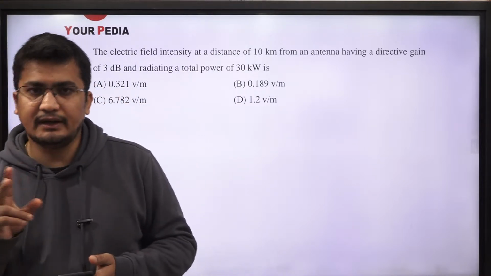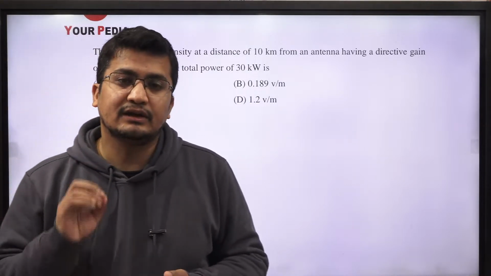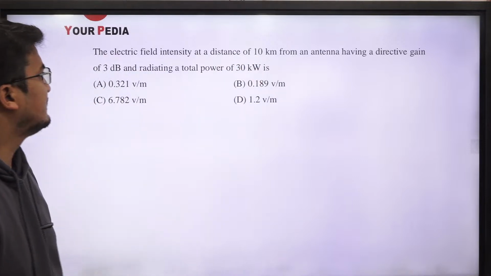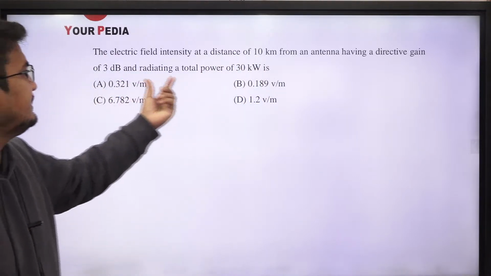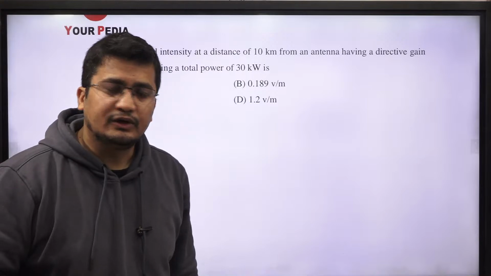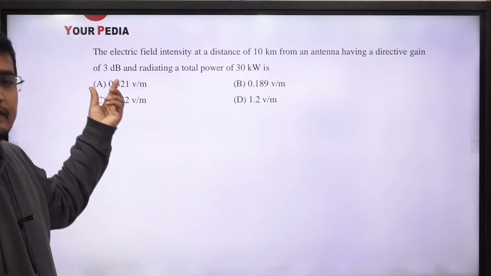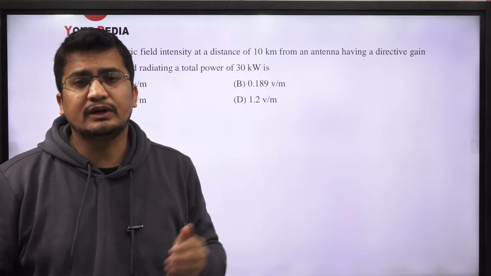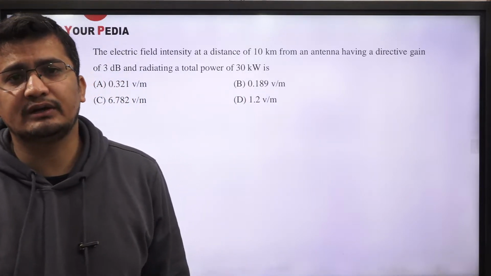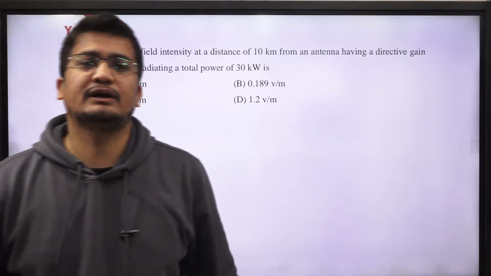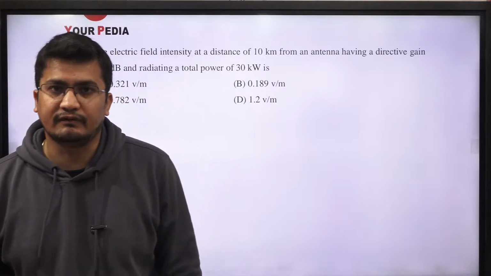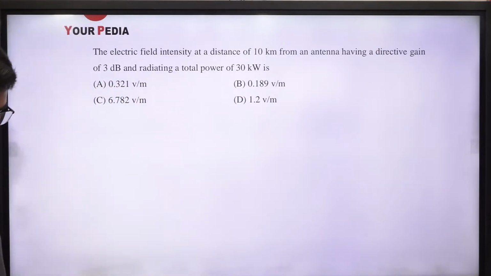So if you combine these two relations, all the parameters are given. The distance is given, the directive gain is given, and the total radiated power is given. You need to first convert the directive gain into a normal value because it's given in dB. Then you can equate E square upon 2 eta to the ratio of the radiated power in terms of the directive gain. Then from there you can calculate the electric field value. Just do it, please. Tell me.